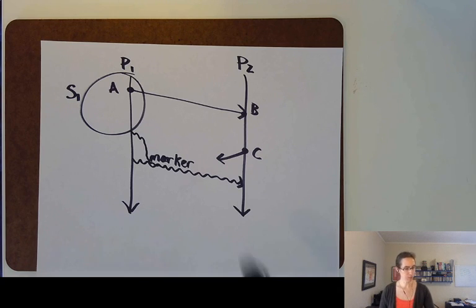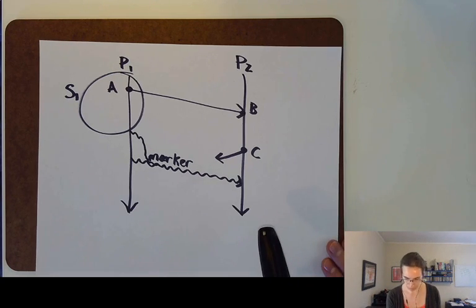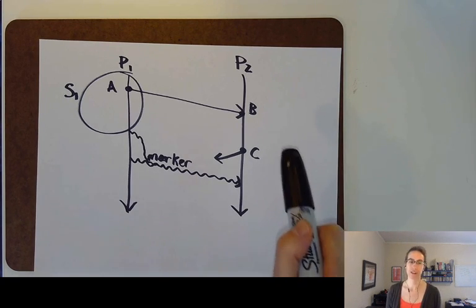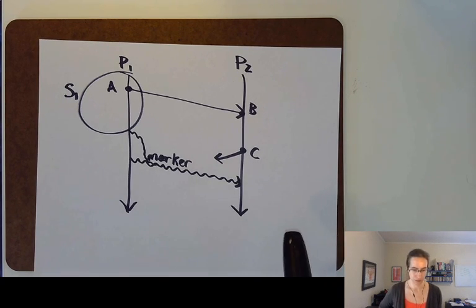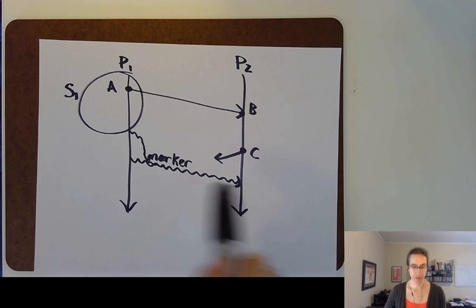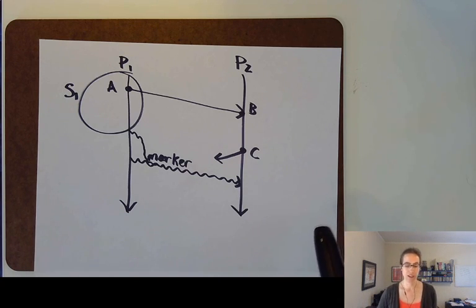Okay, so what happens when somebody receives a marker message? There are two cases. When a process receives a marker message, if it's the first marker that that process has seen, it records its state. It marks the channel that it got the marker message on as empty, and it sends a marker out on all of its outgoing channels.